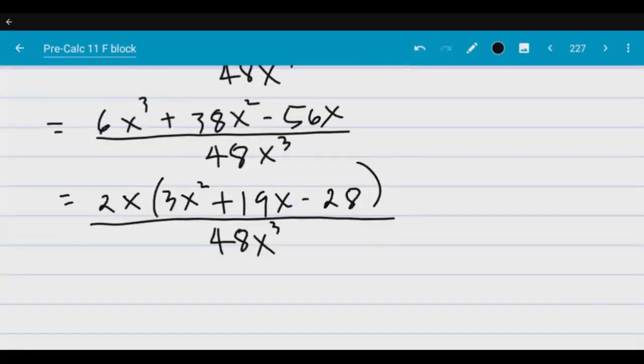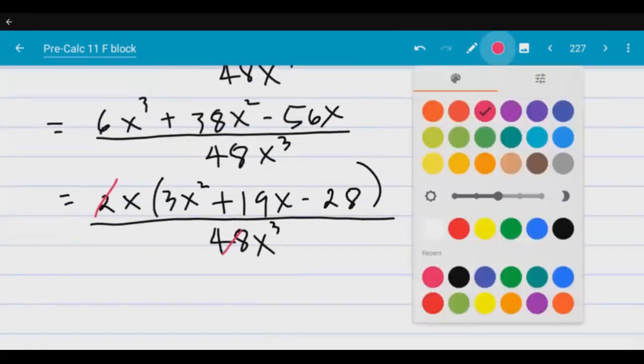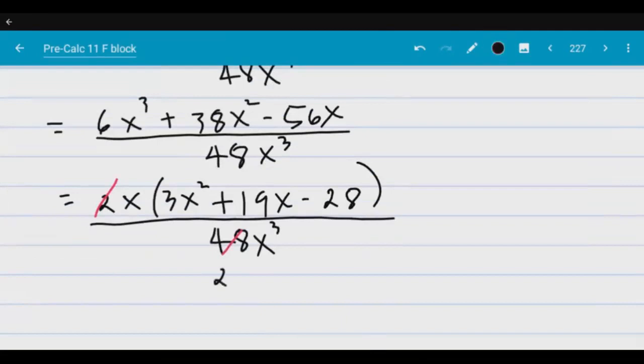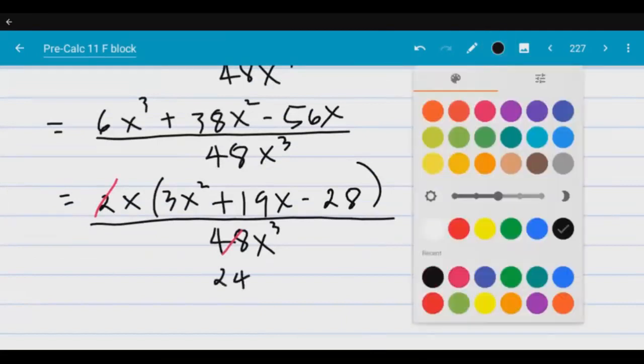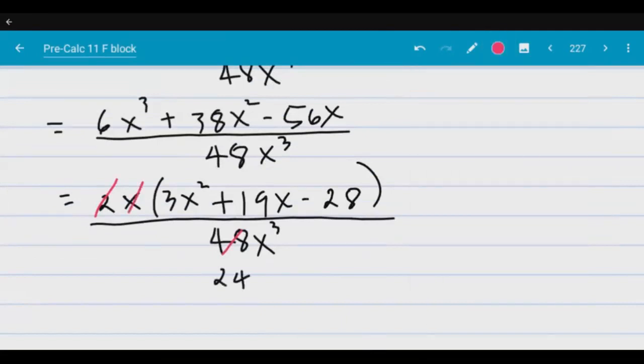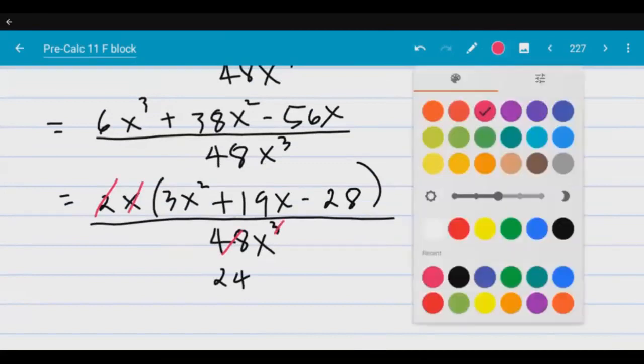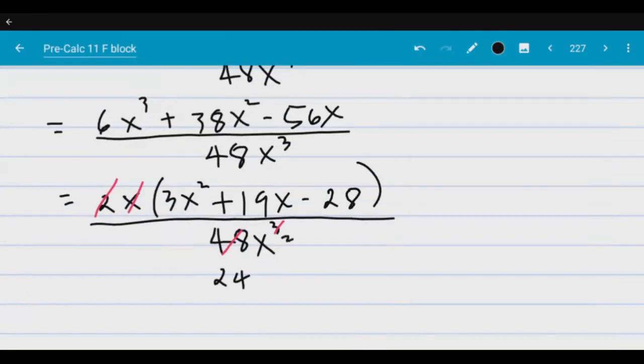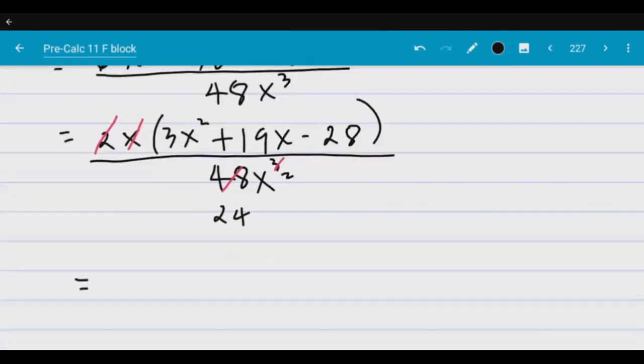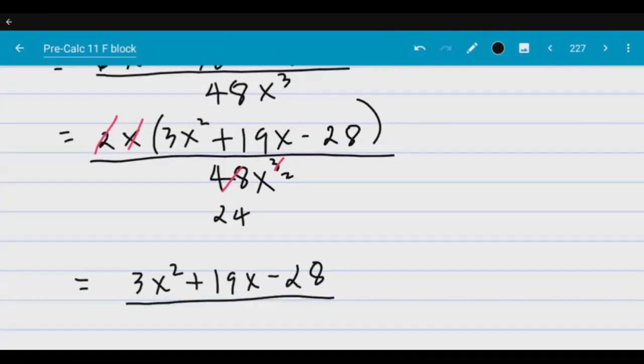Take a look. 2 cancels out to the 48, gives me a 24, right? What else? This x cancels out to this x here, gives me a square. So really, my final answer is 3x squared plus 19x minus 28 all over 24x squared.